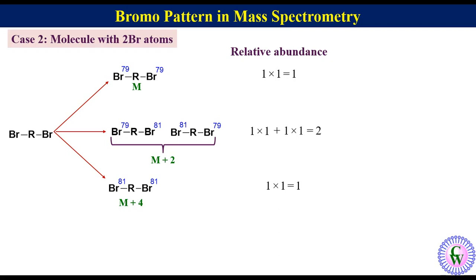So the intensity ratio of M, M plus 2 and M plus 4 peaks will be 1 is to 2 is to 1. Thus, if the mass spectrum of a molecule has M, M plus 2 and M plus 4 peaks with the intensity ratio of 1 is to 2 is to 1, then it has 2 bromine atoms in it.